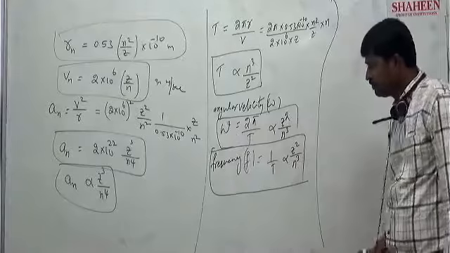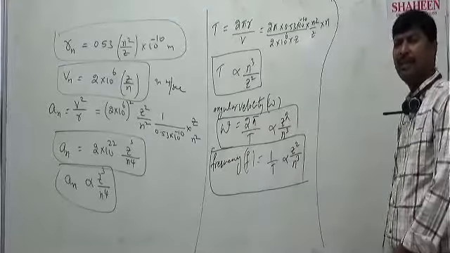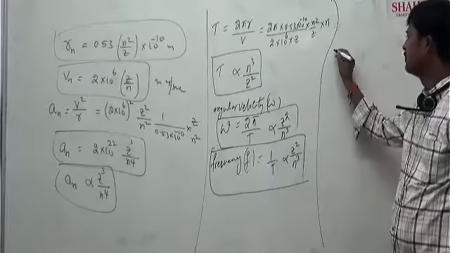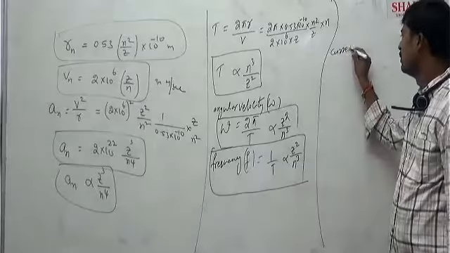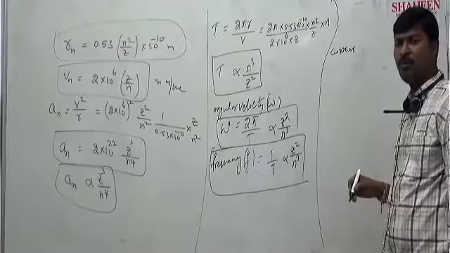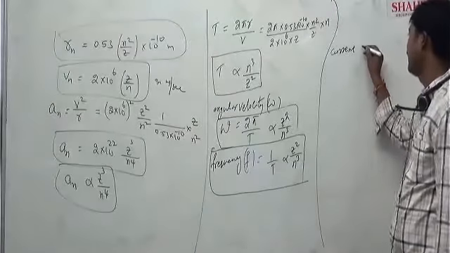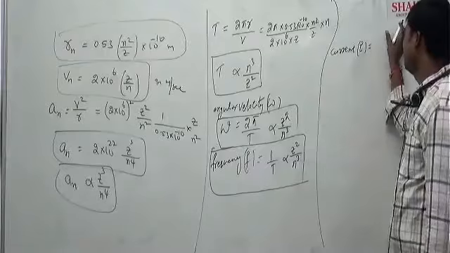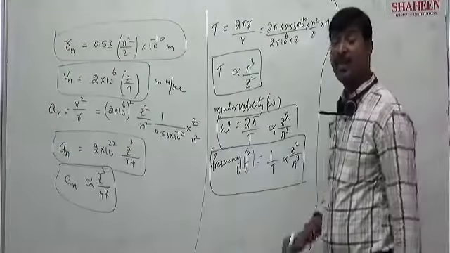Next, once you get the frequency, orbital current, or current produced by the revolving electron, current I. I is basically charge by time, right?